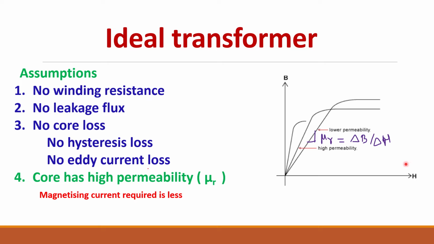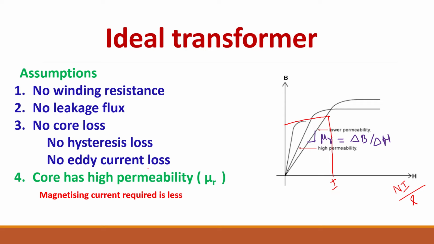So what is this H? The magnetic field intensity H is equal to Ni by L. Let me write it here: H is equal to Ni by L. L is the length of the magnetic path, N is the number of turns, and I is the current. So when H is small, it means that I is small. Suppose I want to operate at this B, I need this much current.